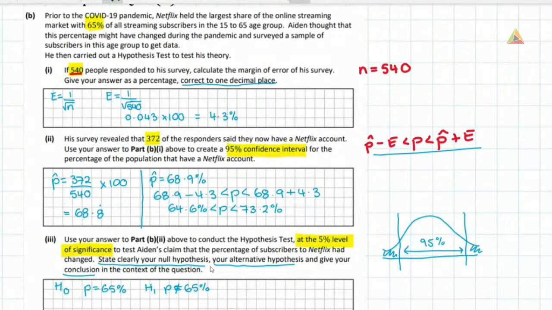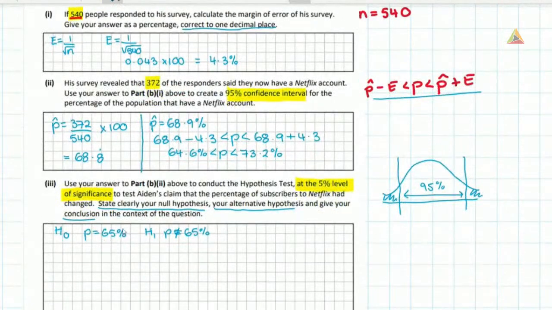And how we carry out our hypothesis test is that we're going to look at this figure here, so our 65%, and we're going to look at our confidence interval, which was from 64.6% up to 73.2%.